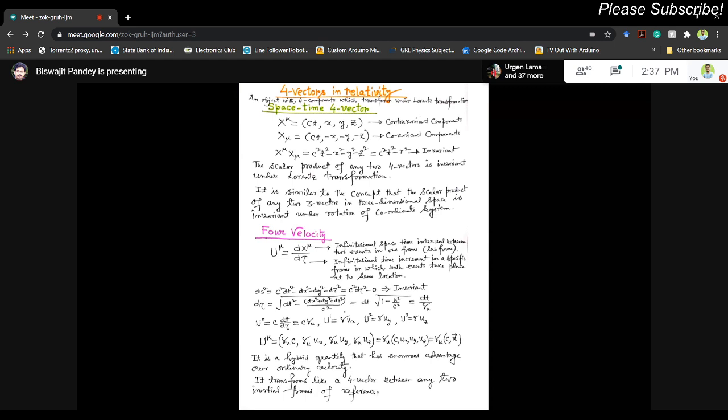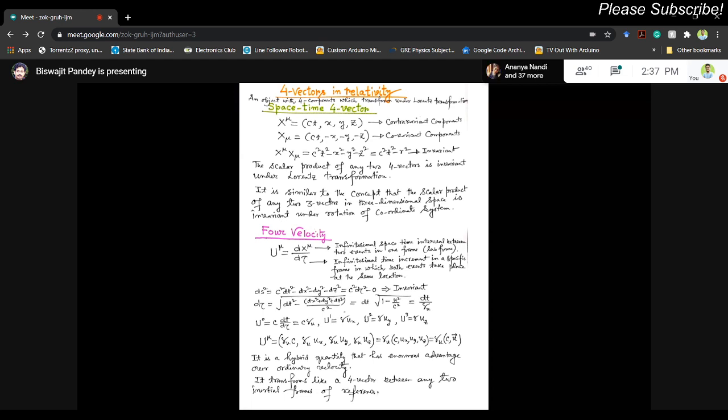And if the 2 persons measure the distance between A and B, obviously their measurements will be different, right? Also there is the time dimension, so time is not the same, length is not the same. So how do we measure the velocity of a particle? That's the question in relativity. Now to address this issue, what is done is we define something called 4 velocity, and it's a 4 vector.